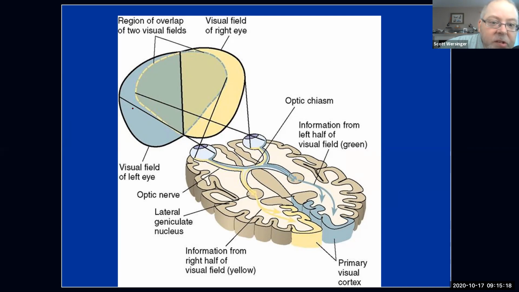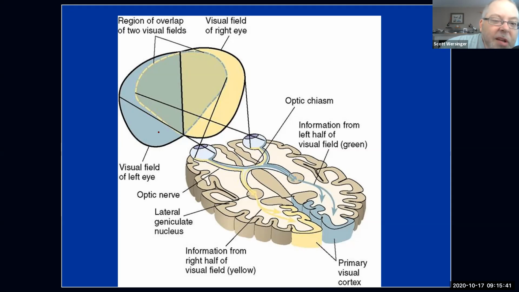Okay, so again, the visual field is everything you can see. We divide your visual field into a left and a right visual field. Now I'm going to ask you a question. Think about your left eye. Just consider your left eye here. Does your left eye see things in your left visual field?